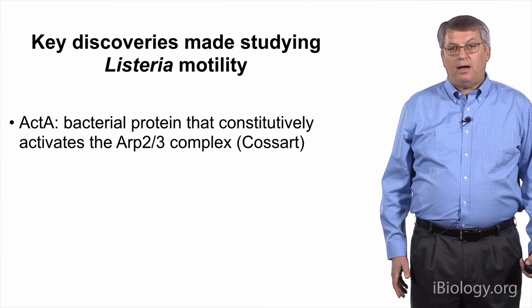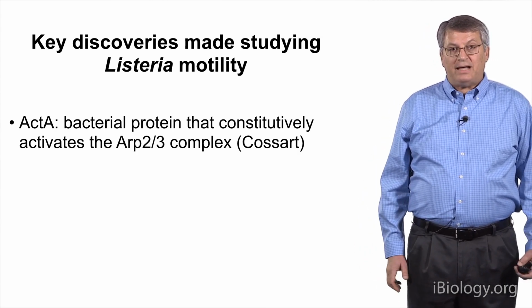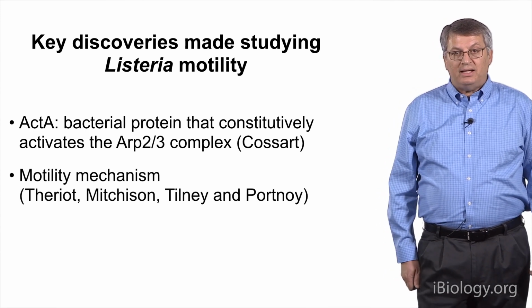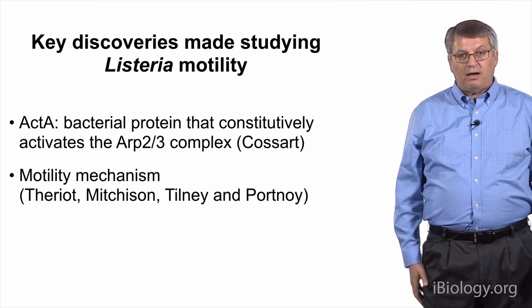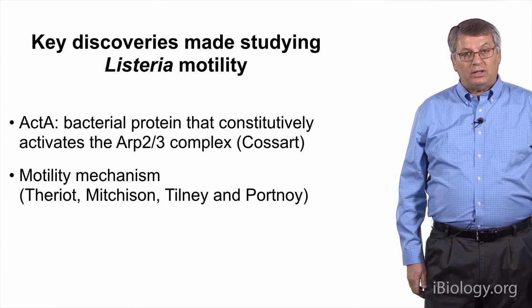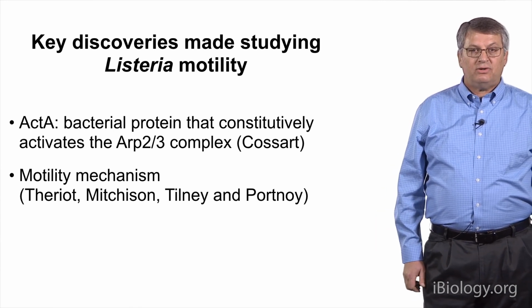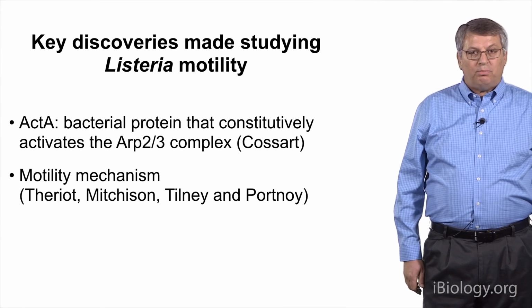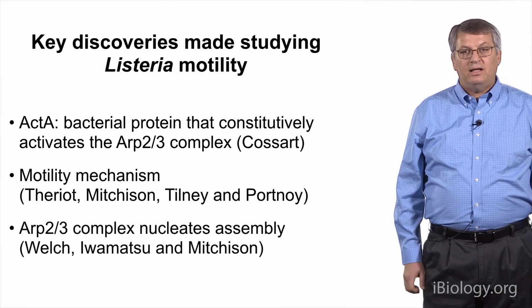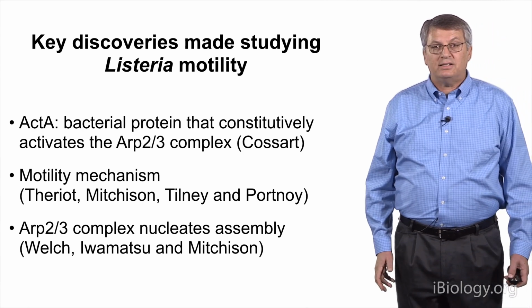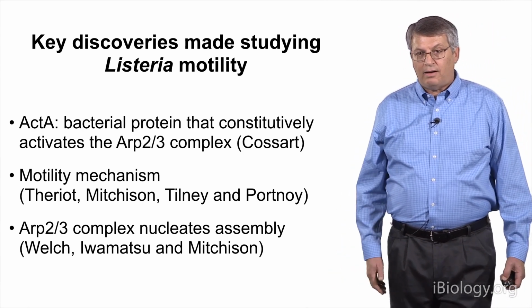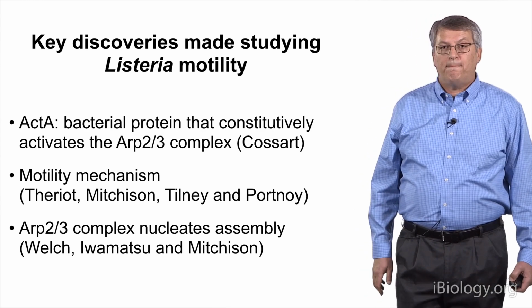ActA was found by Pascal Cossart. The motility mechanism, how the actin cytoskeleton generates motile forces in cells, was then worked out using the Listeria system by Theriot, Mitchison, Tilney, and Portnoy. And finally, the ARP2/3 complex was shown to be a major cellular nucleator of actin assembly, thanks to the work of Welch and colleagues in the Mitchison lab.